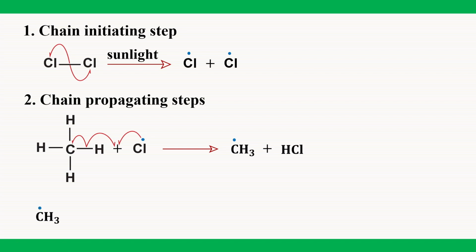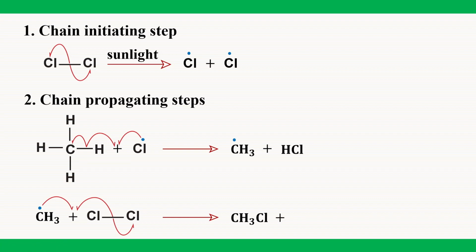This methyl free radical formed reacts with a chlorine molecule. Homolysis of the chlorine molecule takes place like this, and this methyl free radical joins with a chlorine free radical to form CH3Cl, and another chlorine free radical is also formed.